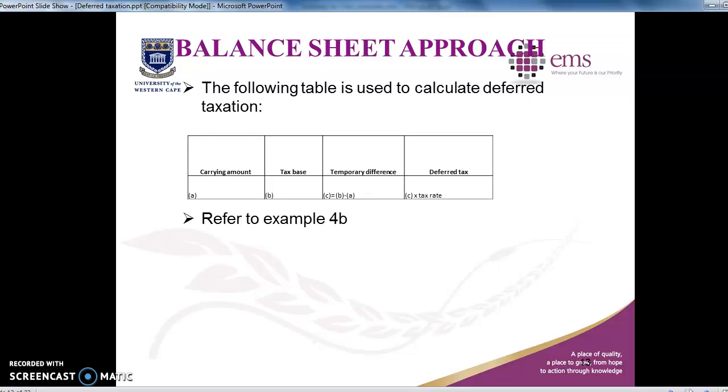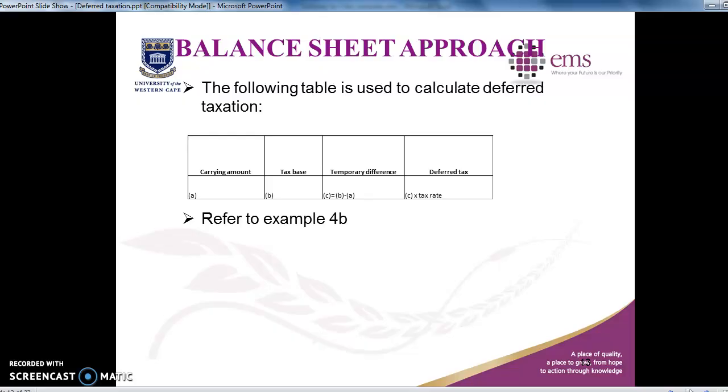So, when using the balance sheet method, we calculate the opening balance of our deferred tax. We calculate the closing balance of our deferred tax, and the difference between the opening balance and the closing balance of our deferred tax will be known as our deferred tax adjustment. Alright, so remember, I've already spoken about the deferred tax adjustment. Remember, our deferred tax adjustment using the income statement method would be the total tax expense minus the current tax.